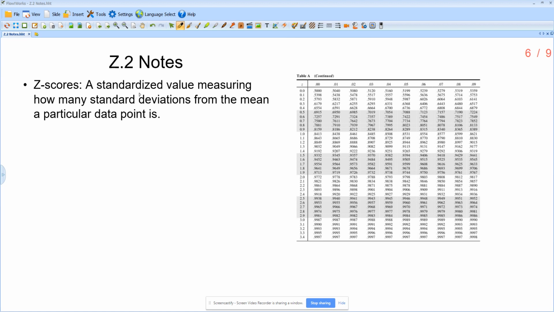So a z-score is a standardized value measuring how many standard deviations from the mean a particular point is. So the way that we calculate that is z is equal to x minus the mean over the standard deviation.